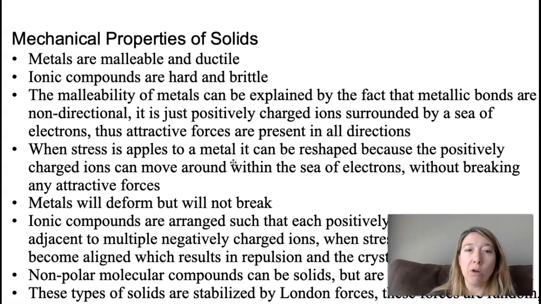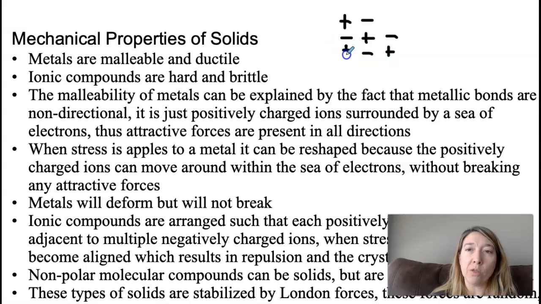And the reason they're hard and brittle just has to do with the configuration of ions inside of those compounds, right? If you think about an ionic, we have positive charges and negative charges. And it's always going to be arranged so that the positives are surrounded by negatives, the negatives are surrounded by positives.